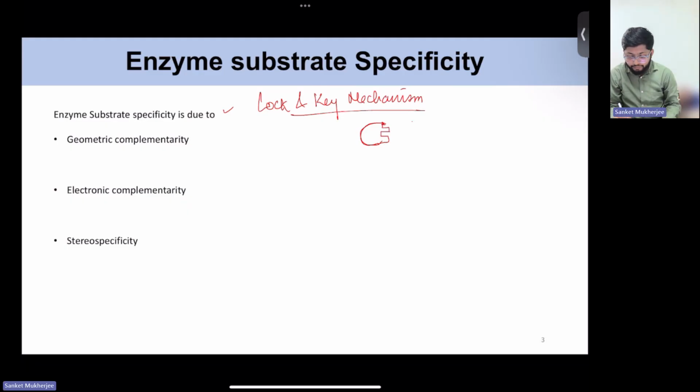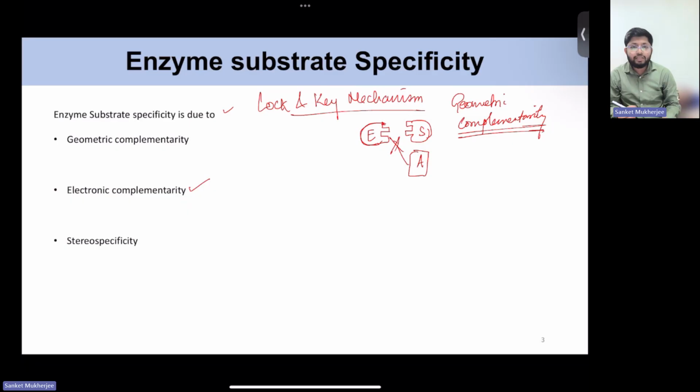If this is the enzyme and this is the substrate, they possess a geometric complementarity that makes them an ideal fit for each other. Otherwise, if a substrate is blunt ended, it will not fit with the enzyme. So the specificity comes due to geometric complementarity.